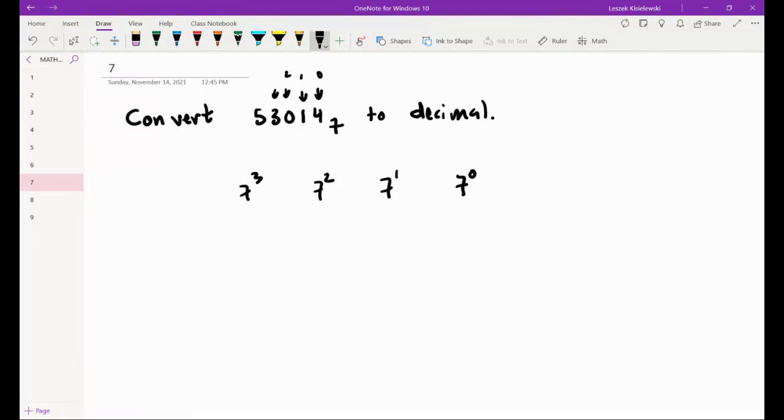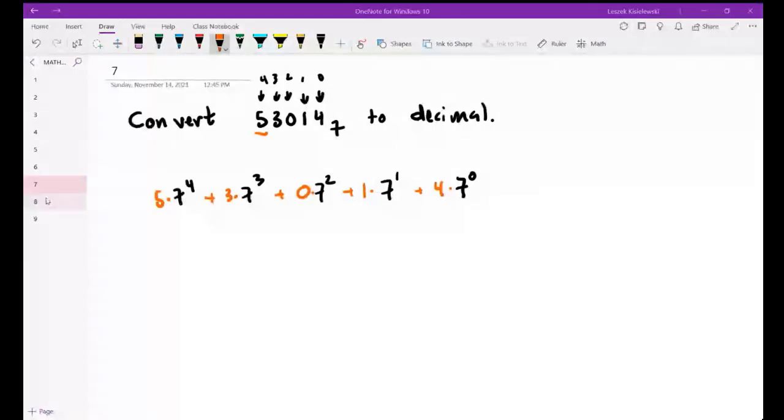First, second, third, so up to power 4. Okay. And then we have the coefficients. 5 is multiplying 7 to the power 4, 3, plus 0, plus 4. Right, and then it's just calculator work.